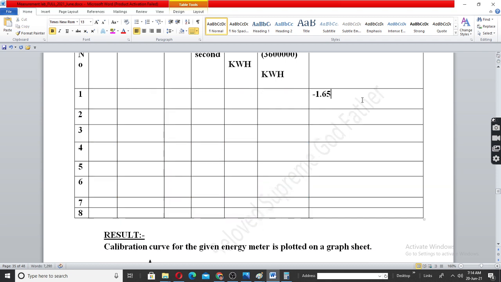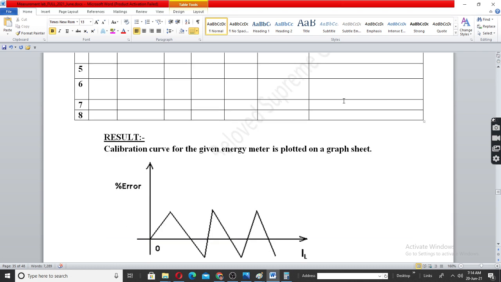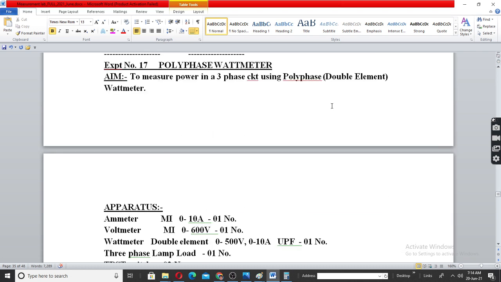So this is regarding the energy meter experiment.